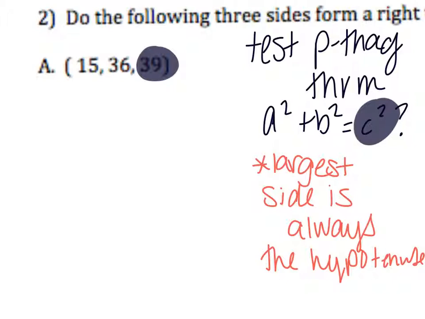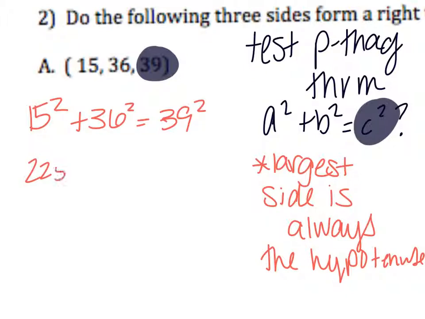Now, it does not matter what you label as A and B. So the 15, let's just say that's A, and the 36 is the B. So I'm going to take 15 squared plus 36 squared, and I'm going to answer the question, does that equal 39 squared? So 15 squared is 225. 36 squared is 1,296.